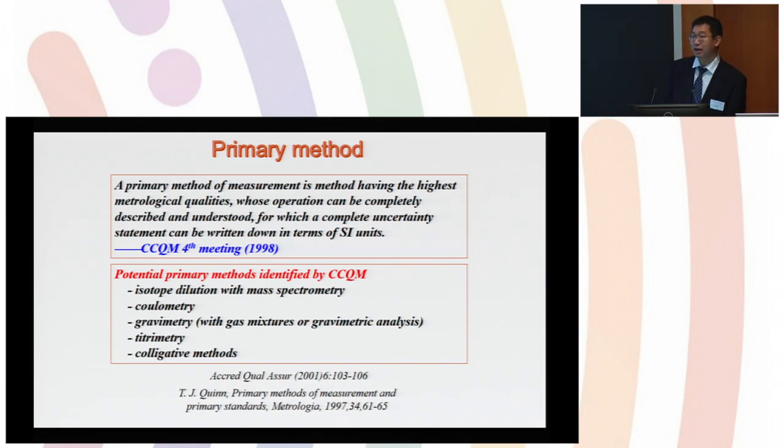And the CCQM has identified several potential primary methods, for example, isotope dilution mass spectrometry, coulometry, gravimetry, titrimetry, and colligative methods. However, among these methods, I think only isotope dilution mass spectrometry can be used for protein amount measurement.